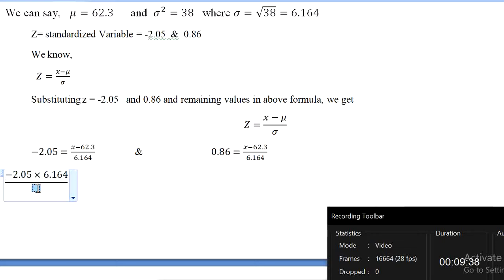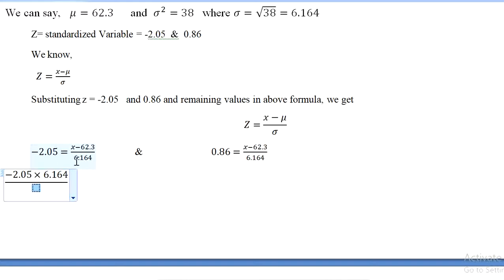The value of sigma, when we take it to the other side of the equals sign, will get multiplied. And minus 2.05 into 6.164. And when this mu value goes to the other side, it gets added: 62.3. So that is equal to x.